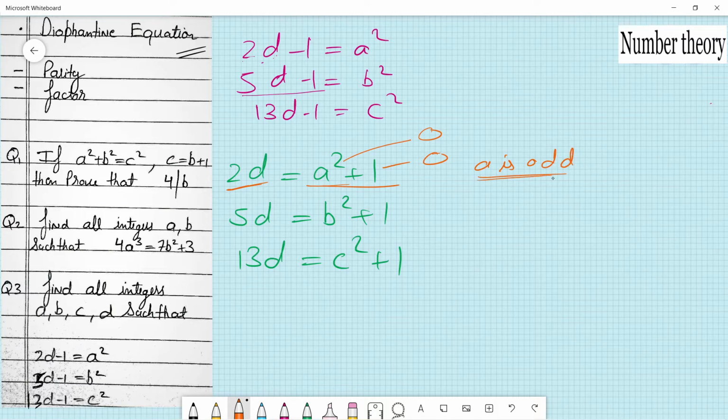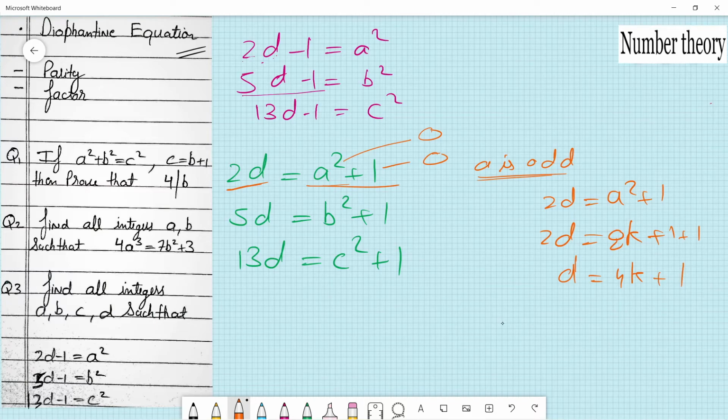Now that same technique again: since a is odd, its square will be of the form 8k plus 1. So we can write this equation as 2d equals 8k plus 1 plus 1. So d is 4k plus 1.